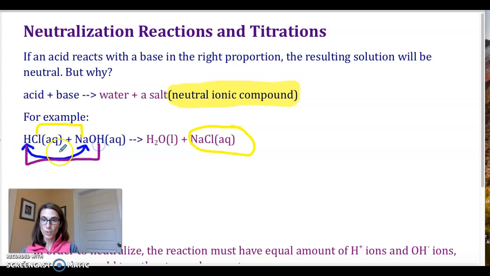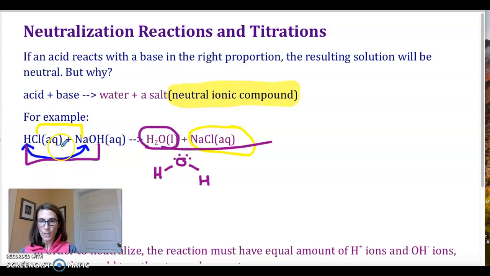And anytime H and OH get together, what is produced is H2O, because H2O is simply H bonded to an OH. So it's just an HOH, which is H2O. So that's what happens in an acid-base reaction.